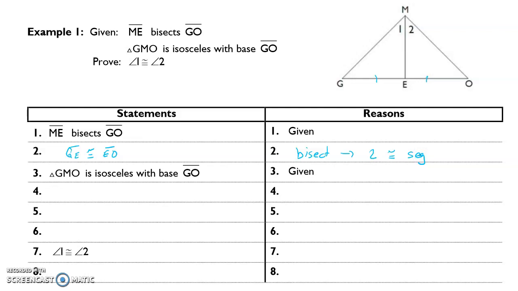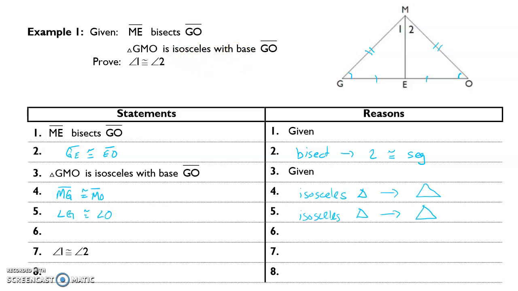Now let's use the fact that it's isosceles. Because it's isosceles with base GO, that's important. GO is the base. That means I can conclude a couple things. First, I can conclude that those sides are congruent. But I can also conclude that these angles are congruent. So that one given gives me multiple pieces of information.